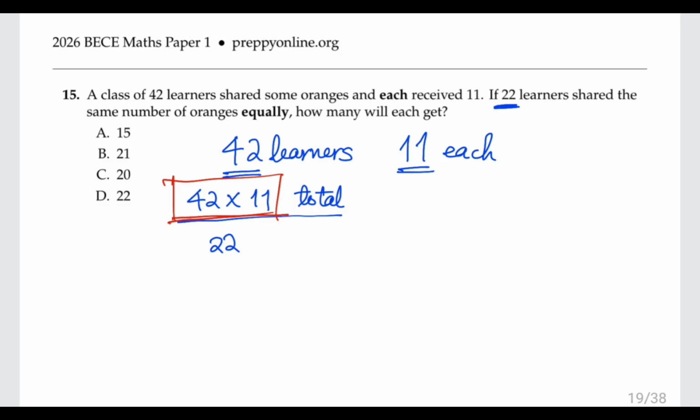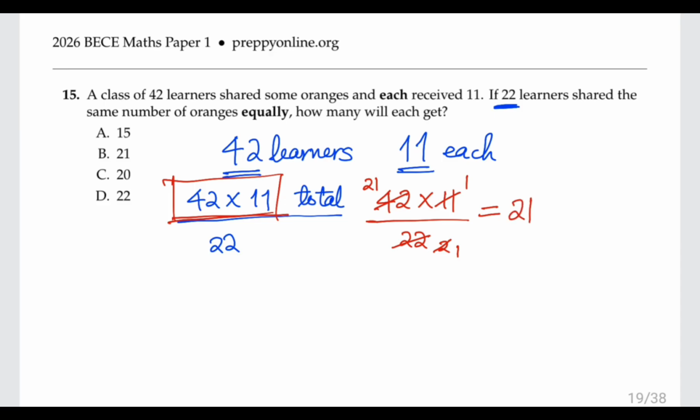What does that give us? Let me just write that again. 42 times 11 divided by 22. Well, 11 divides itself. 11 divides 22 twice. 2 divides that 1, 2, 21. So we get 21.